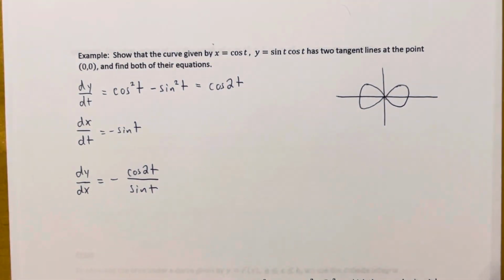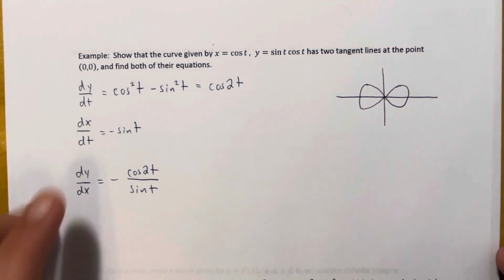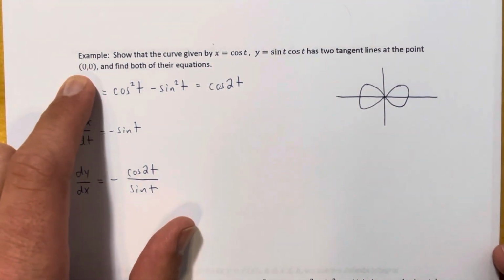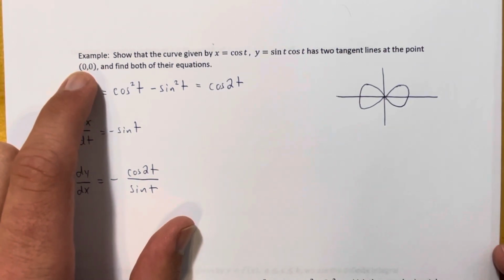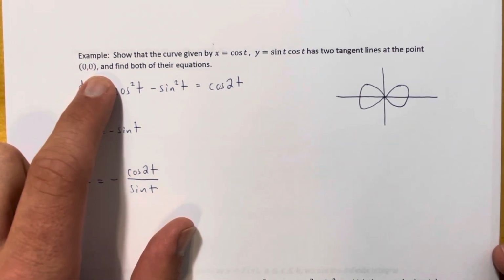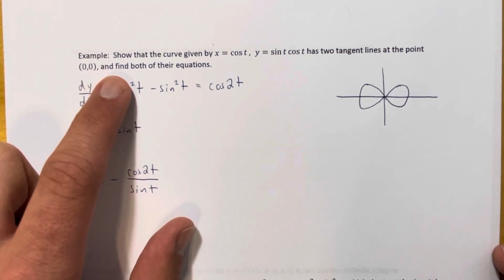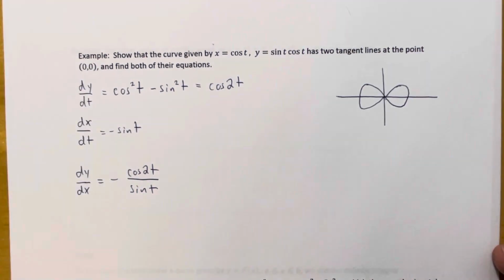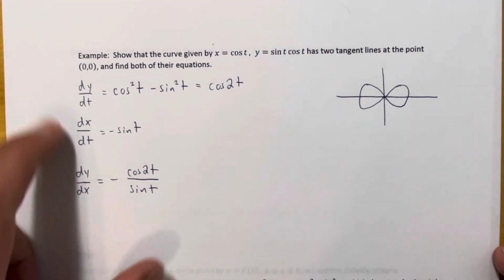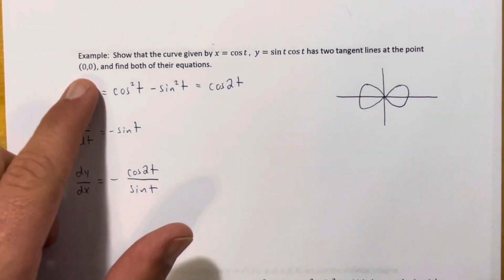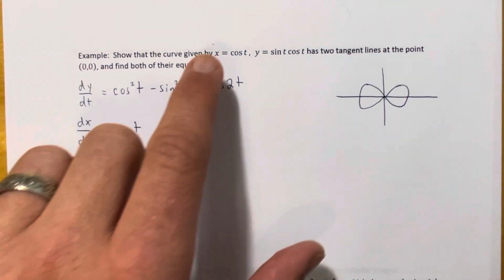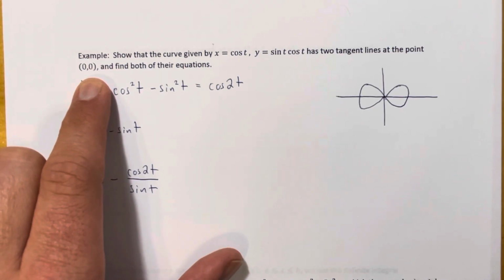Okay? Now, we have a way of determining slope, but how do I evaluate the slope at this point right here? The point has an x and a y value. What it does not show me is the t that gets me to that point. So I have to figure out for what value or values of t my parametric equations will give me the point (0, 0).